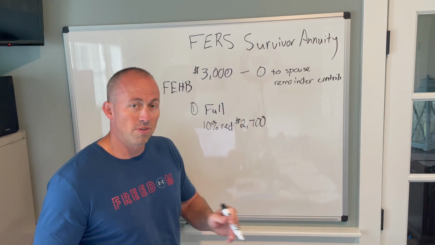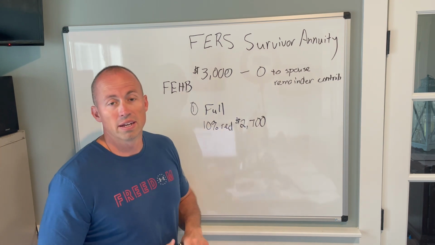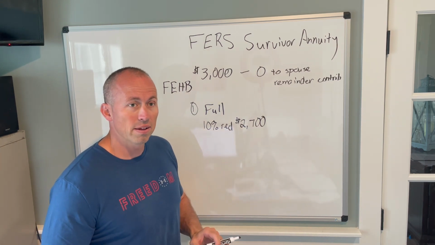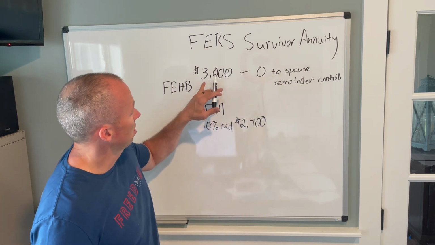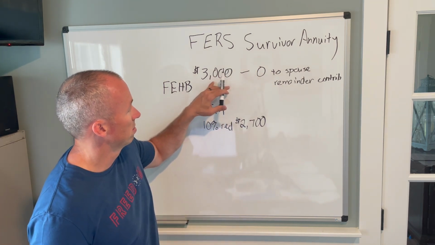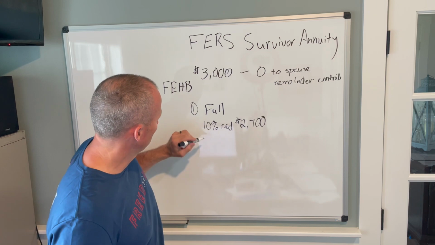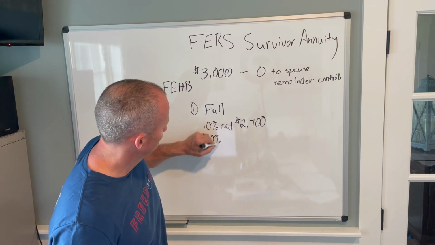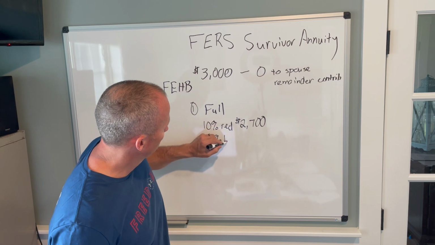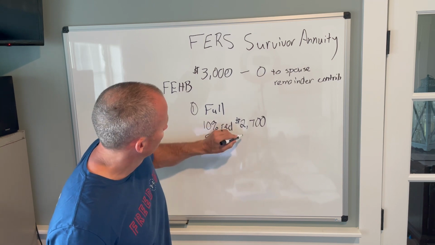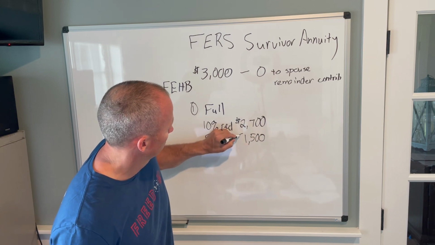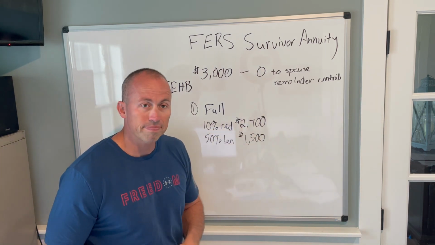So you choose the full survivor annuity, then you're going to get a monthly benefit of $2,700, and at your death, your spouse is going to get 50% of this full amount, so a 50% benefit, which is going to be $1,500, all right?